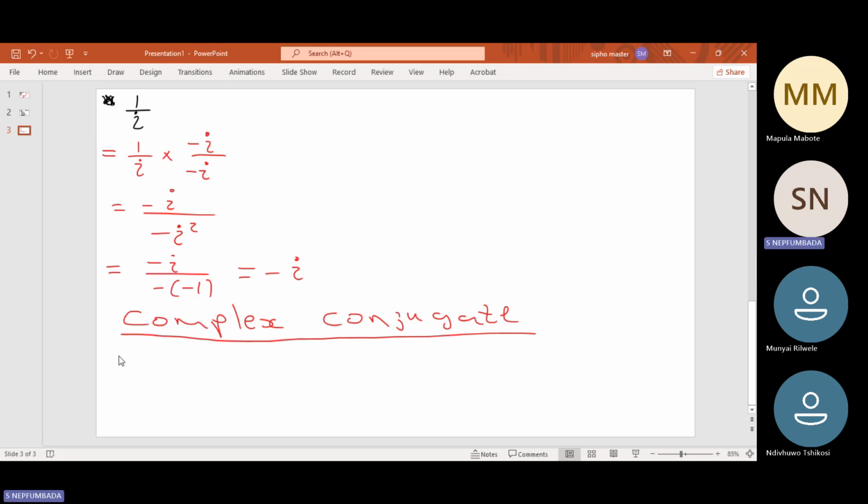If we've got z, your lecturer may put a star, which also means a conjugate. Let's say we've got z equals a plus ib. Then our z conjugate is equal to what?